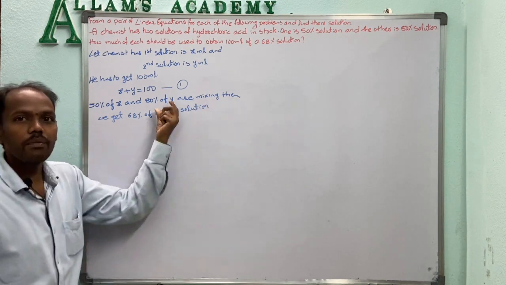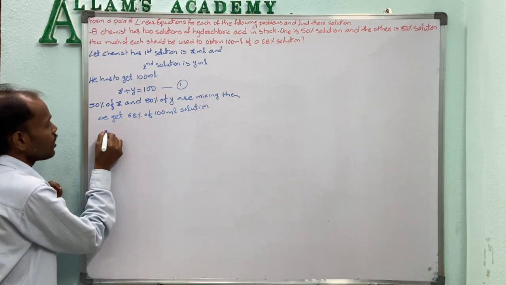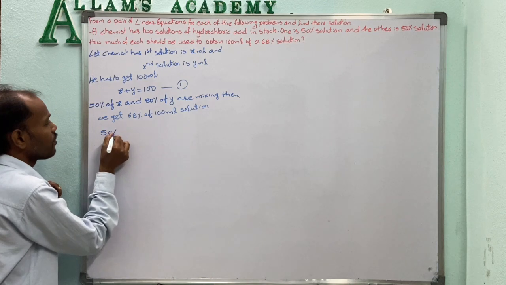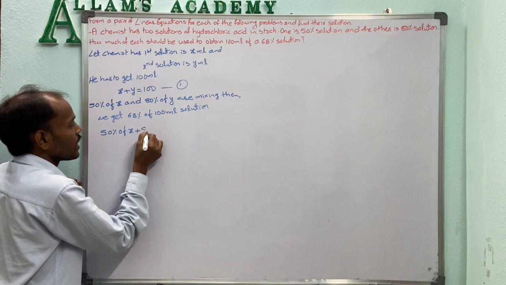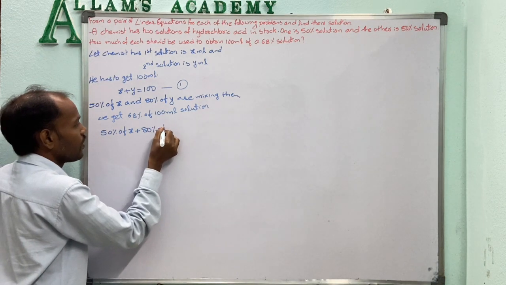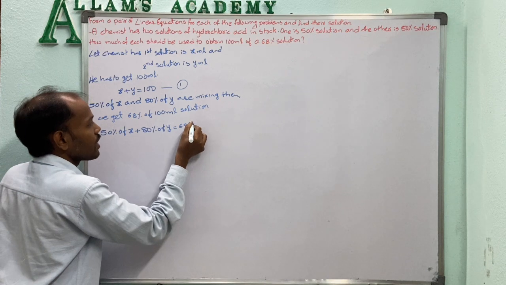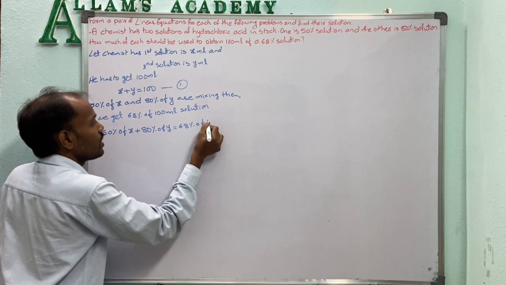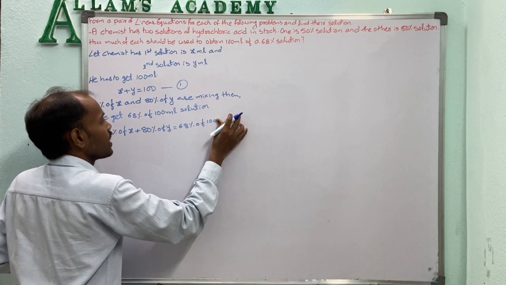Now this information will be written as an equation: 50% of x plus 80% of y equal to 68% of 100 milliliters. So that means 100.